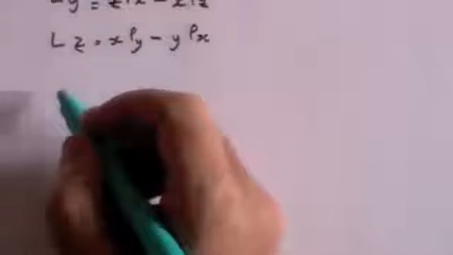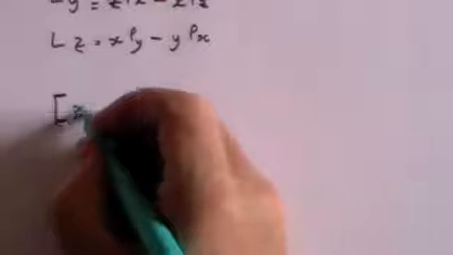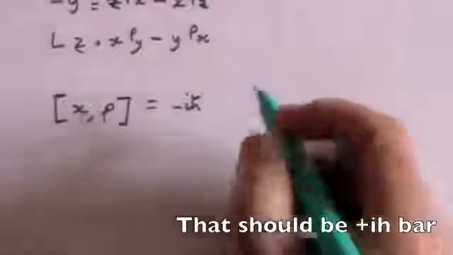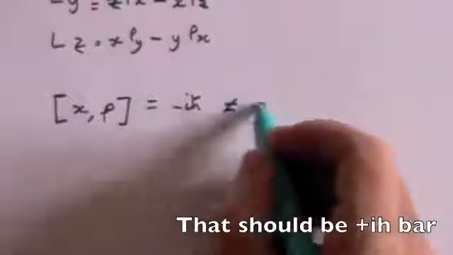Now a little reminder about what we called the commutator of x with p. The commutator of position and momentum. We showed in the videos on quantum mechanics concepts that that equals i h bar, which of course means it does not equal 0.